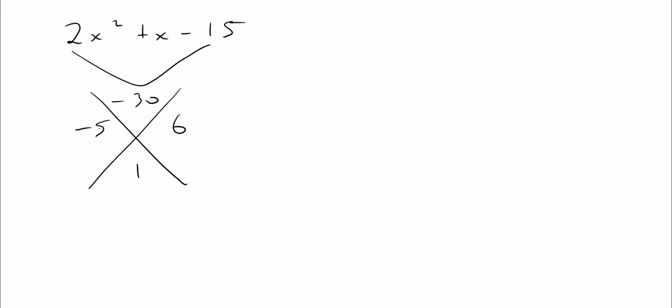Okay, let's do it. x minus 5, x plus 6. All right, what I tell you guys to do, remember, divide by the number in front of the x squared. So divide by 2. Okay, so this one, if you recognize 5/2 cannot be reduced anymore.